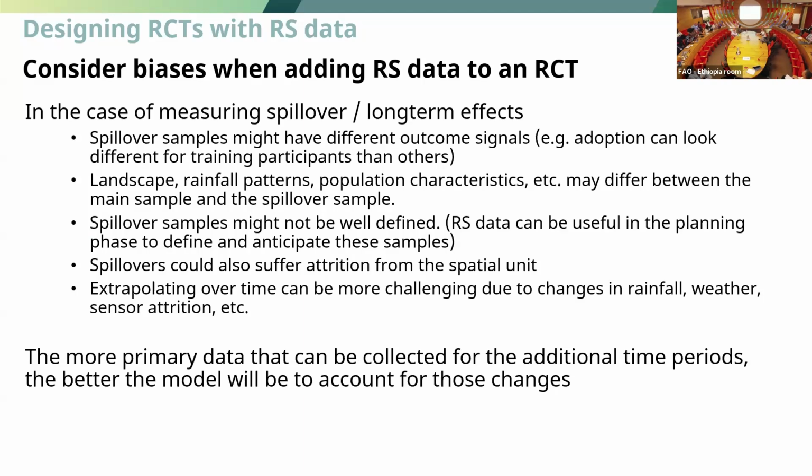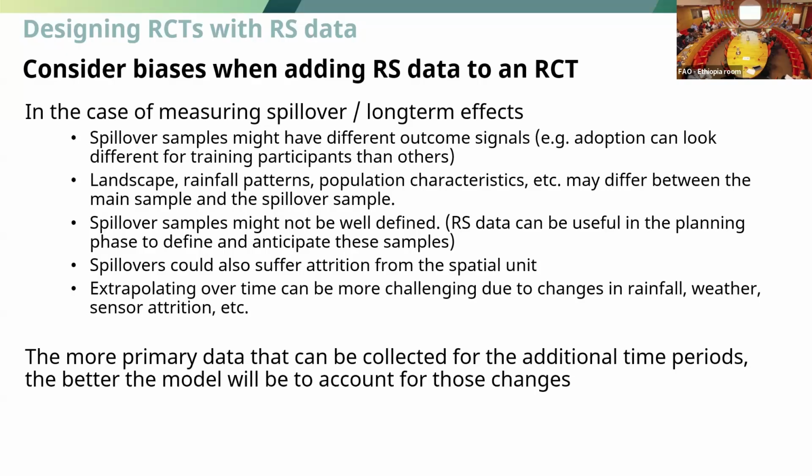There's also clearly a potential for biases when you're measuring spillovers or long-term effects. This is in no way specific to randomized control trials. This is really an out-of-sample measurement issue: anytime you train your model for one area and then you're looking at a different area, you need to consider that other things might be going on in the other area that could cause bias.